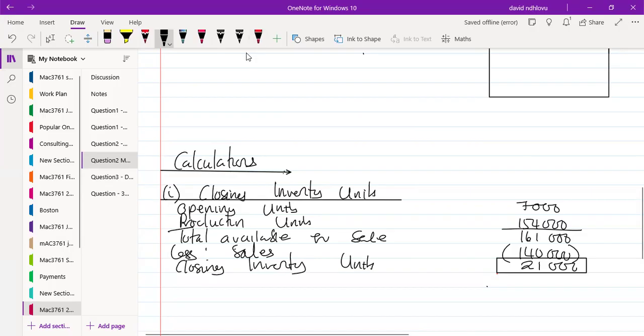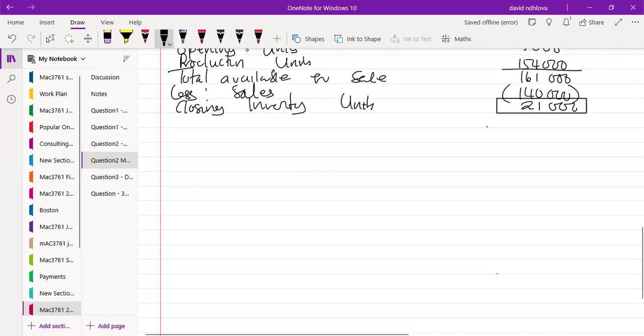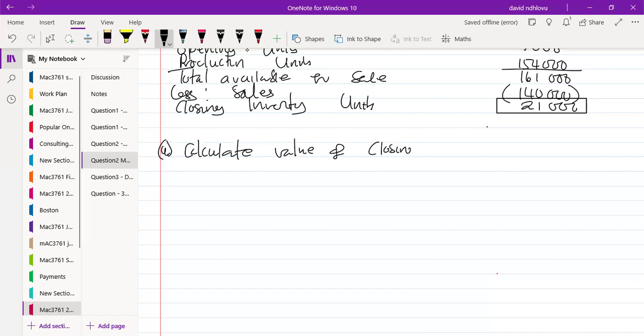Right, what you now need from here is to calculate the value per unit. You need the value of closing inventory per unit. When you calculate the value of closing inventory per unit, this is what you do.